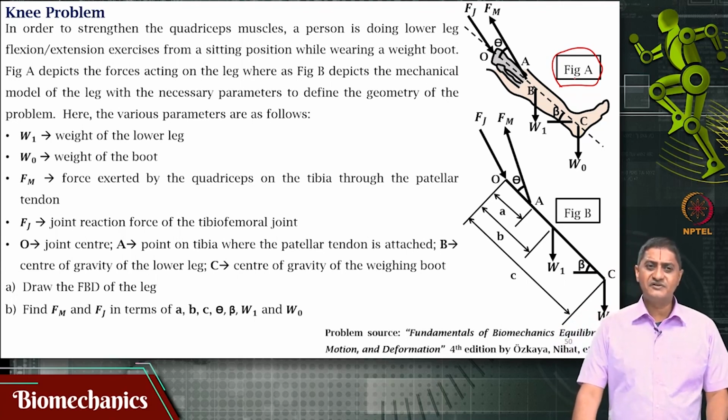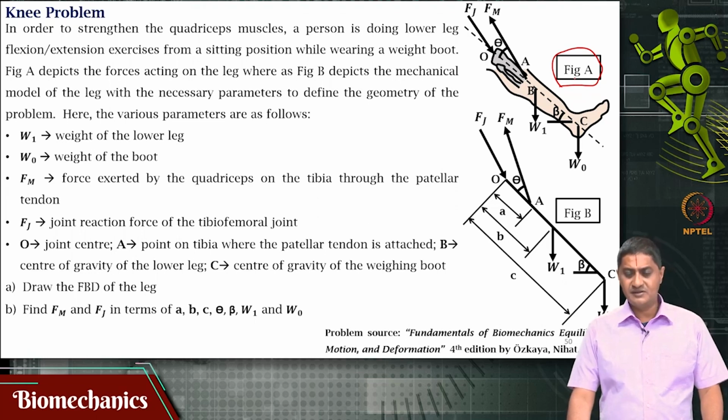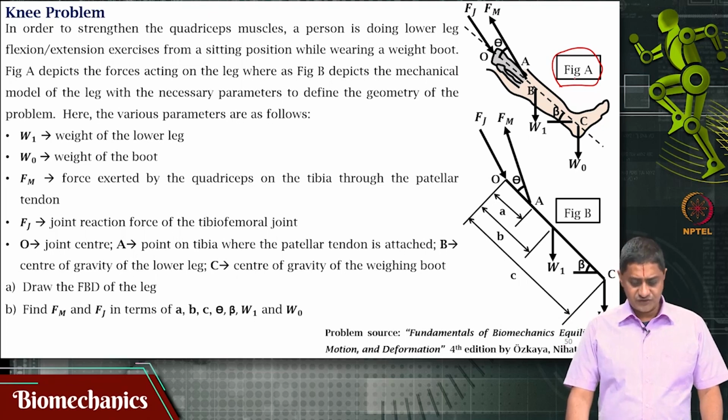W1 is the weight of the lower leg, W0 is the weight of the boot, Fm is the force produced by the quadriceps muscle on the tibia through the patellar tendon and the patellar ligament. Fj is the reaction force that is seen at the tibiofemoral joint.